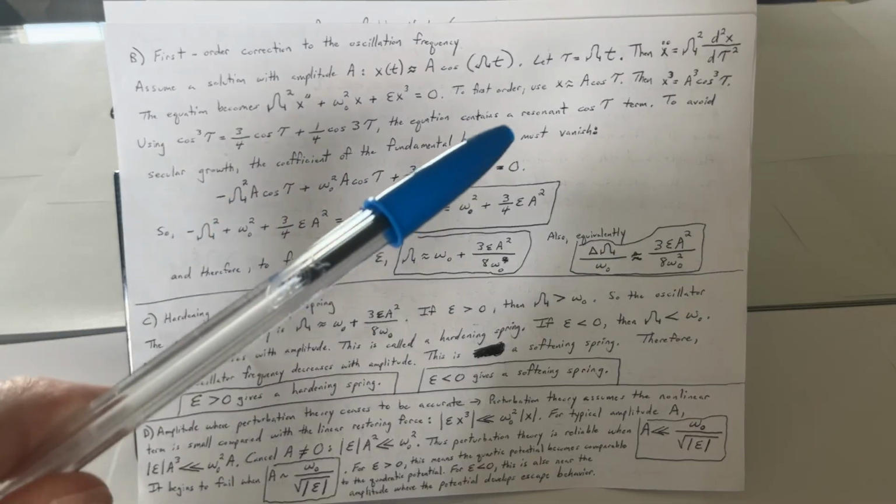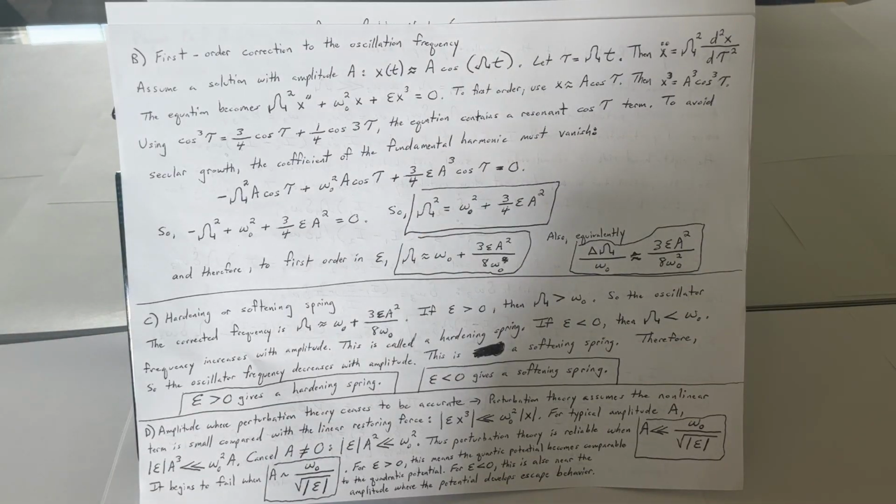The equation contains a resonant cosine tau term. To avoid secular growth, the coefficient of the fundamental harmonic must vanish.